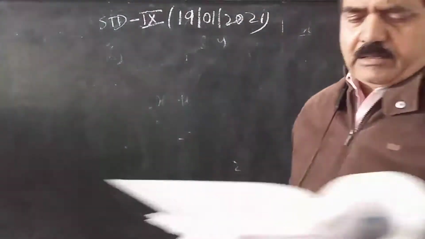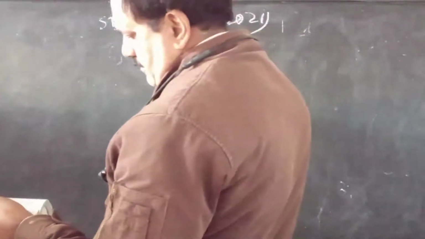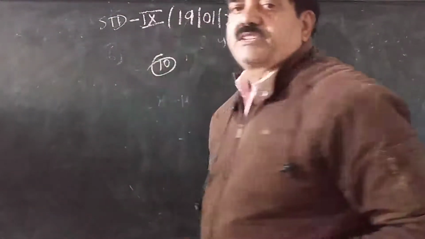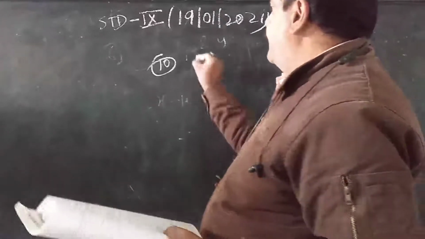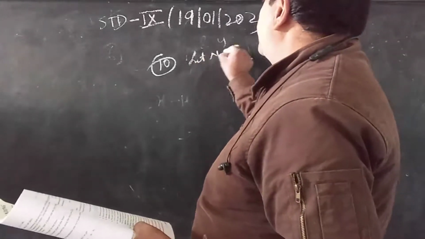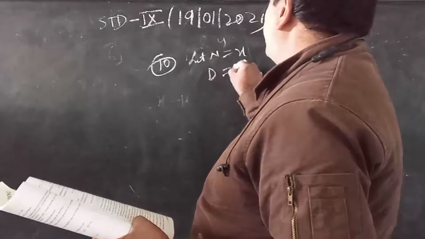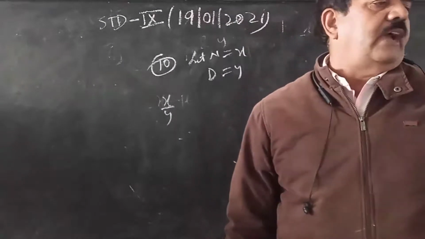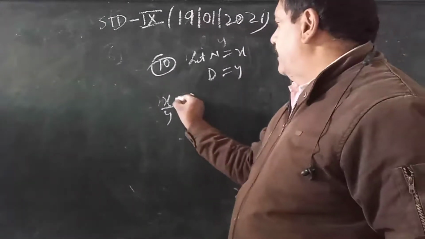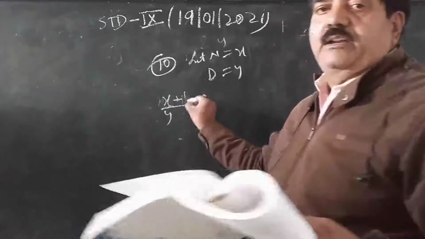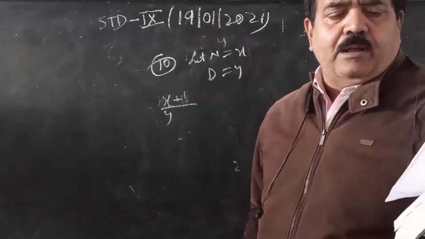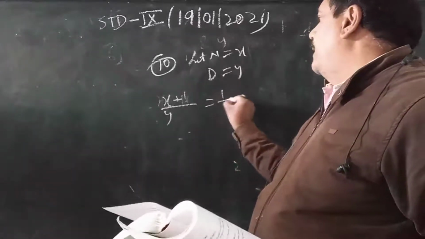Another question, question number 10. This is based on fractions. Let the numerator be x and the denominator be y. So the fraction becomes x by y. This is our fraction. Now what is given? If 1 is added to the numerator, x plus 1, the fraction becomes 1 by 5.